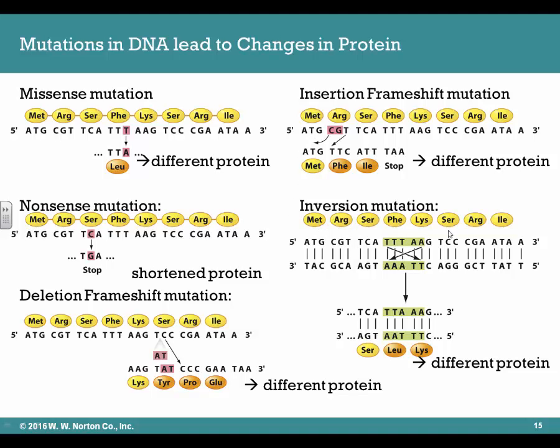And then finally, a kind of flip-flop of the inversion mutation can result again in at least 2 completely different amino acids being replaced in the triplet code of that region of the protein, and can result in a different protein or non-functional protein.